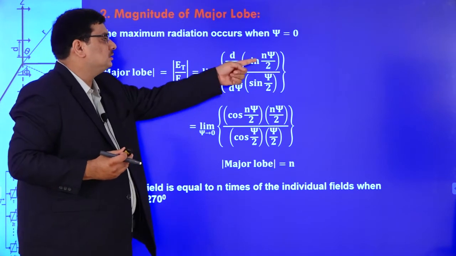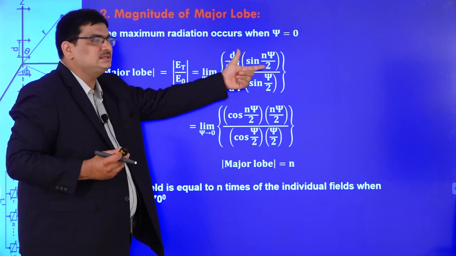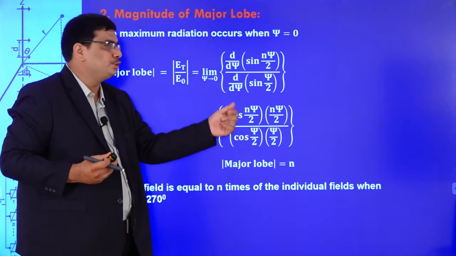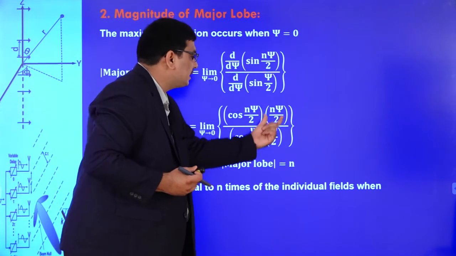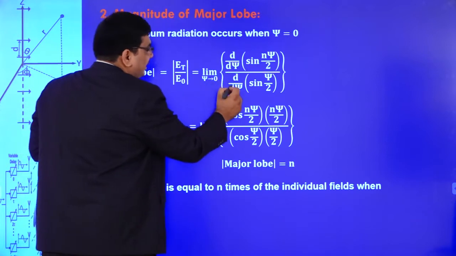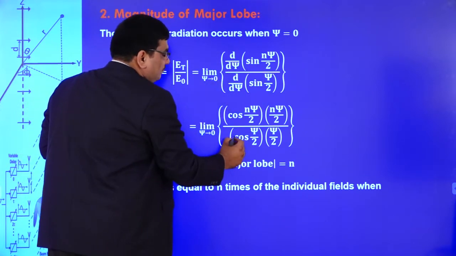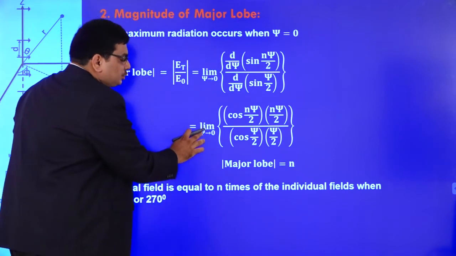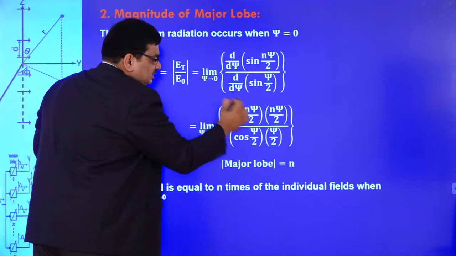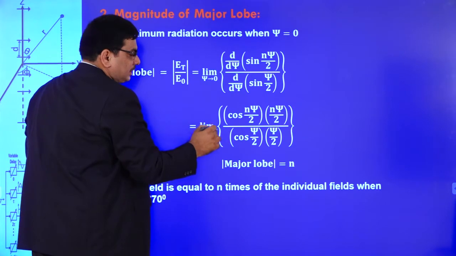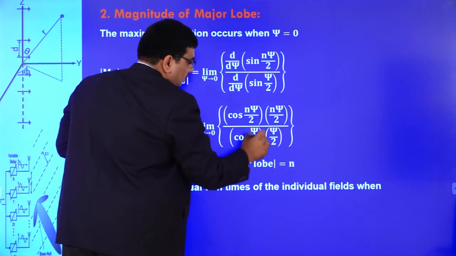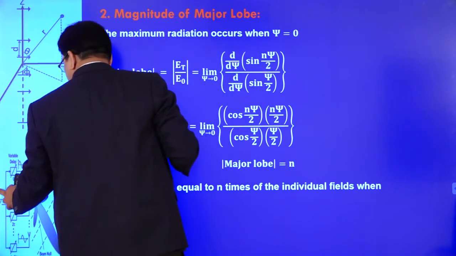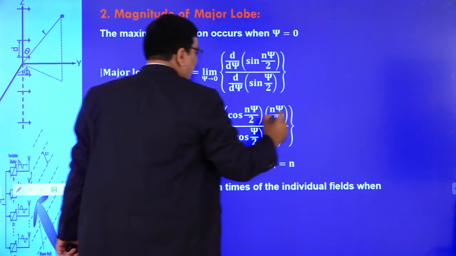What is the derivative? The derivative of sin n psi by 2 is cos n psi by 2 into the magnitude term n by 2. Here, d by d psi of sin psi by 2 is cos psi by 2. If you substitute psi equal to 0 in this expression and in this expression, it becomes 1.